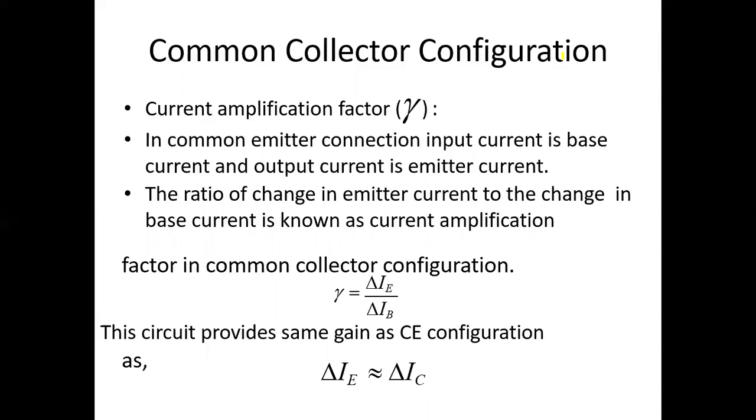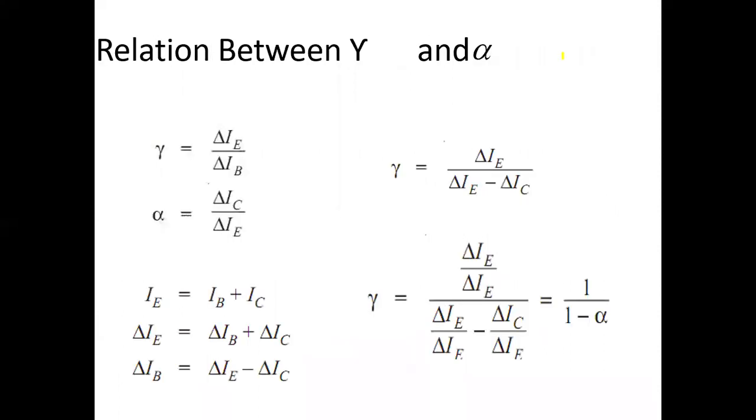And here in this circuit, del IE is nearly equal to del IC. Here the relation between alpha and gamma is derived. Previously we discussed alpha and gamma: gamma is equal to del IE by del IB, and alpha is equal to del IC by del IE.